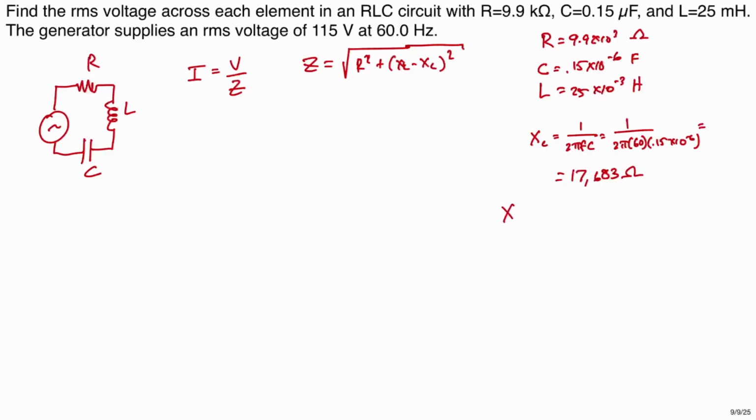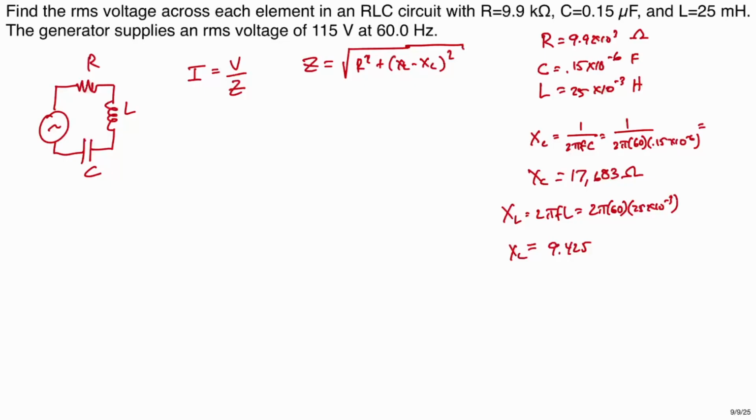All right, X sub L, 2 pi F L, 2 pi 60 times my inductance, 25 times 10 to the minus 3. And I get an X sub L of 9.425. That's not 9,425, that's 9.4.